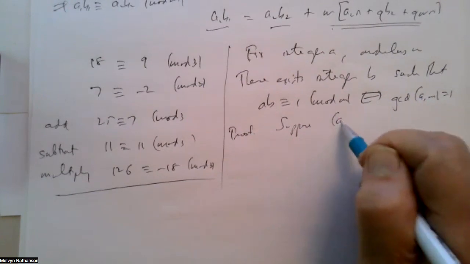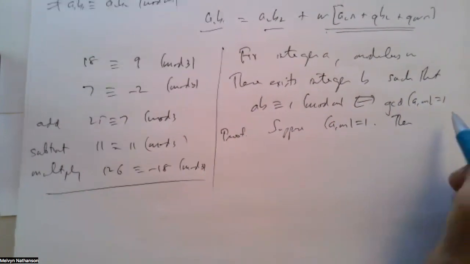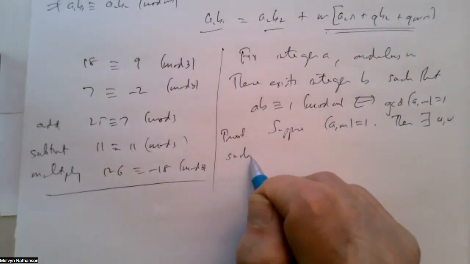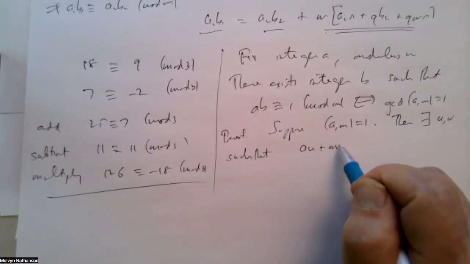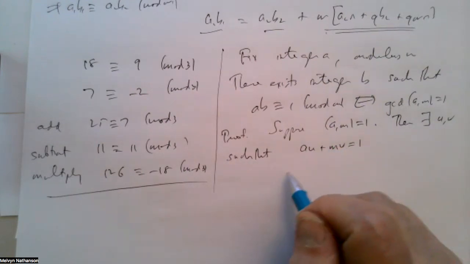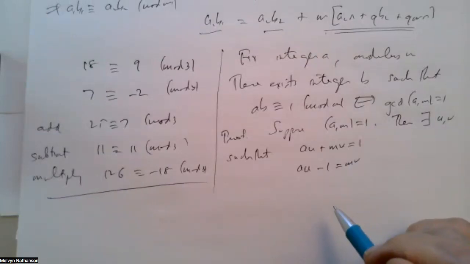Suppose the greatest common divisor of A and M is equal to 1. Then there exist integers U and V such that AU plus MV equals 1. But this says exactly that AU minus 1 is MV.